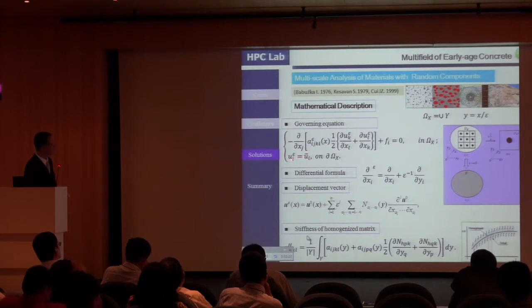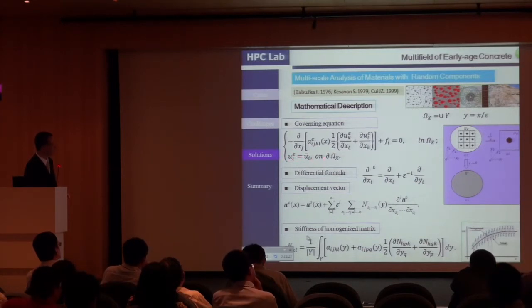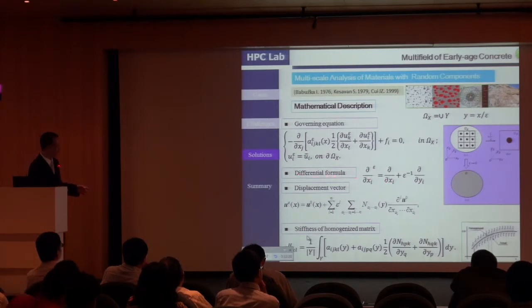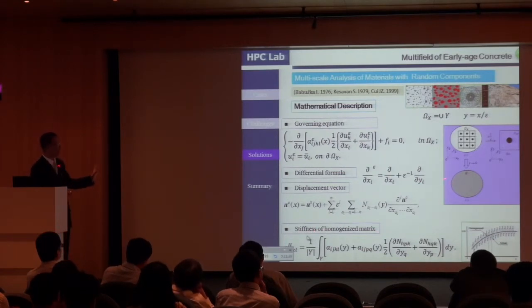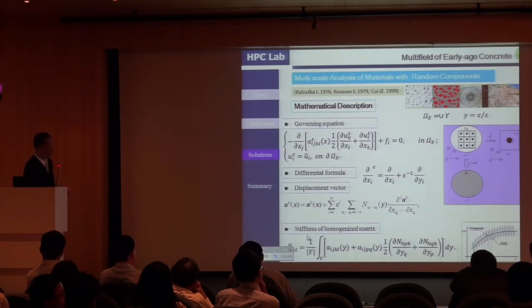If we get the boundary condition and also introduce the differential formula, we can get the stiffness of the homogenized matrix. That's what we expected, to get the mechanical parameter.